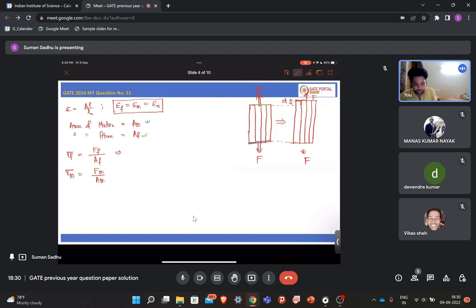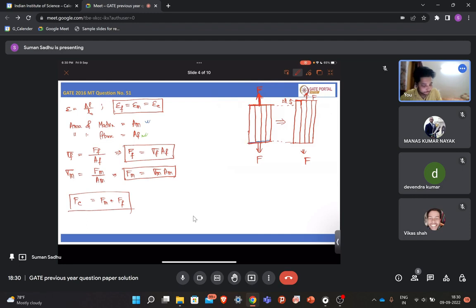Now, if you write force in terms of sigma and area, the force on the fiber is F of F equal to sigma F into area AF. This is one relation for the fiber, and similarly for the matrix we get F of M equal to sigma M AM, right? Now your force has to be balanced. The force on the composite should be the force on the matrix plus the force on the fiber, because you are applying the force along this composite.